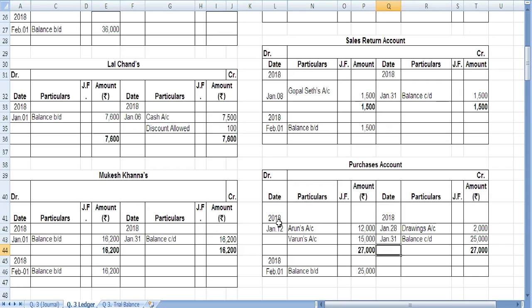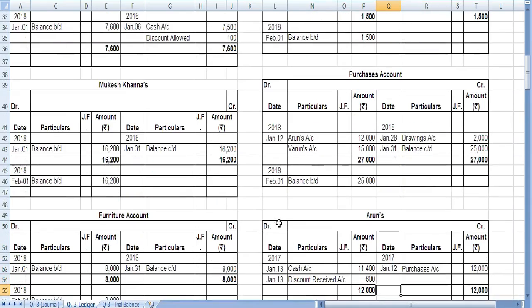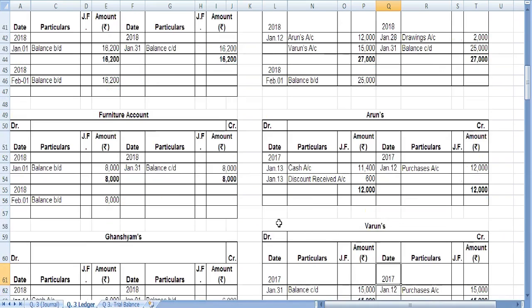The next we have is Arun. The same thing will keep on following. This side is greater, but if you add, this side also comes to 12,000, so there is no balancing figure in this.